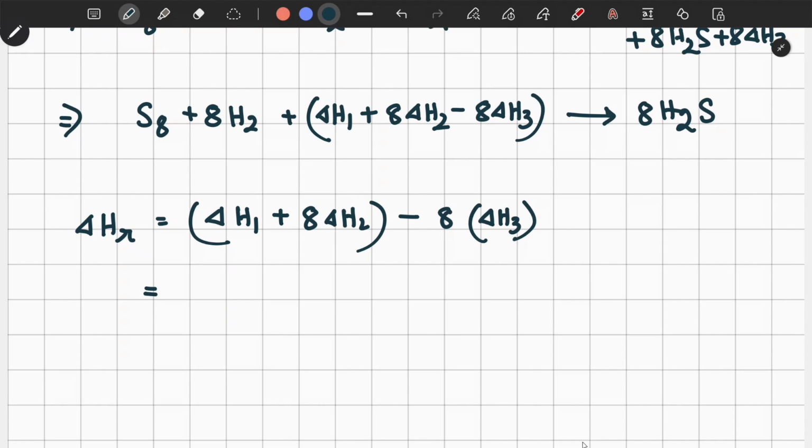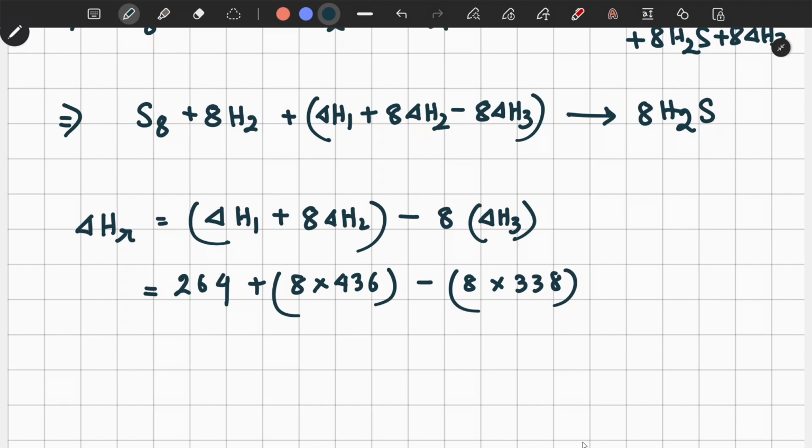So delta H1 is given as 264, plus 8 into delta H2, that is 436, minus 8 into 338. All are in kilojoules, not per mole, because you have multiplied with 8 and 8. So this is not per mole right now.